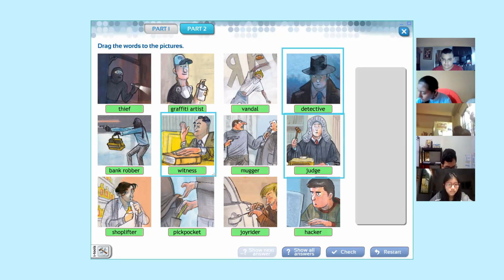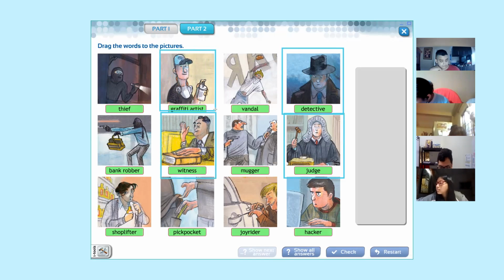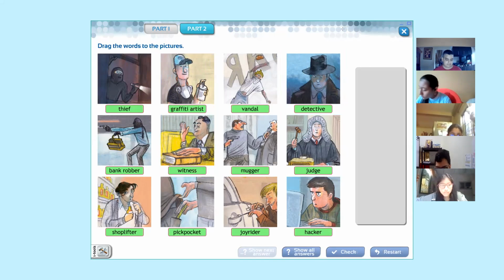Those words are for or against this kind of vandalism. Talking about the graffiti artist, maybe it's not like a criminal, but it's considered vandalism in this case. Okay, this is part of the vocabulary that you are going to find. Please complete in your books.